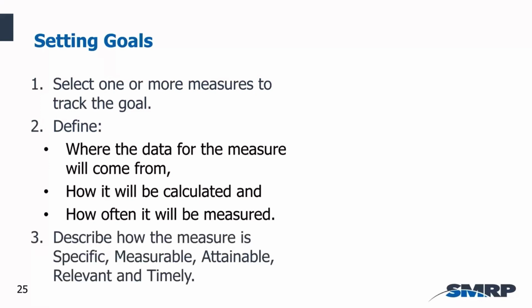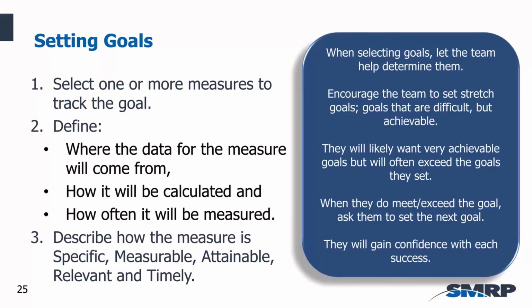Then we want to describe how the measure is specific, measurable, attainable, relevant, and timely. A few points about this: when you're selecting goals, let the team help to determine what the goal level will be. Encourage the team to set a stretch goal, but make sure that the goals are difficult, but achievable.